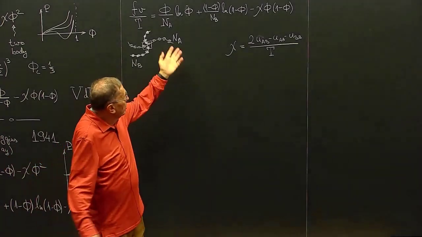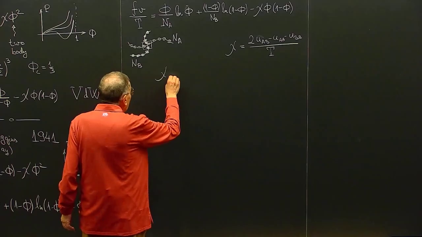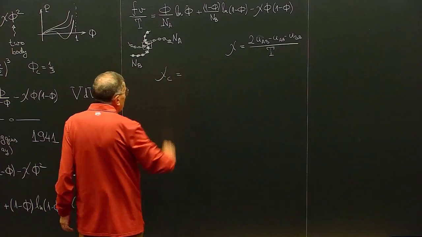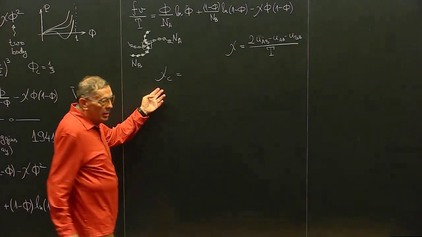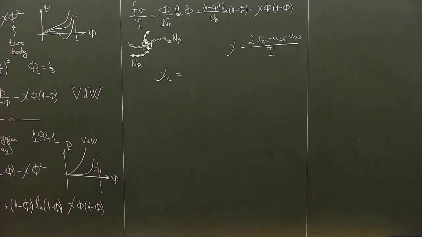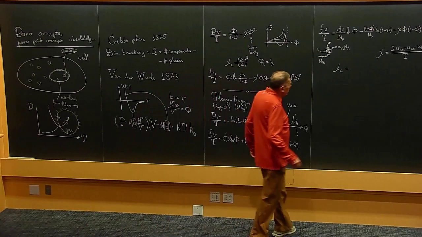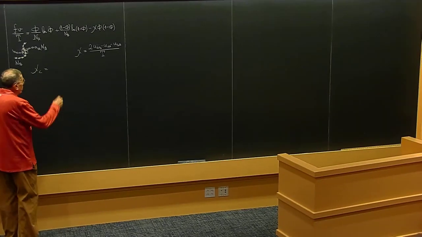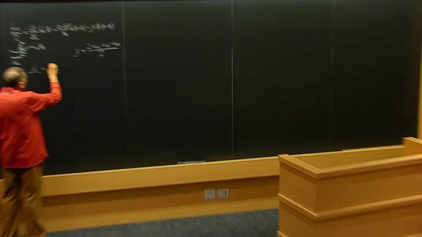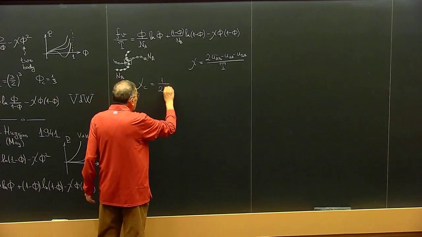This is very natural, and the mathematical expression of it is the critical point, this very critical point where this whole phase separation starts, with NA and NB. It's simple algebra how you derive it.